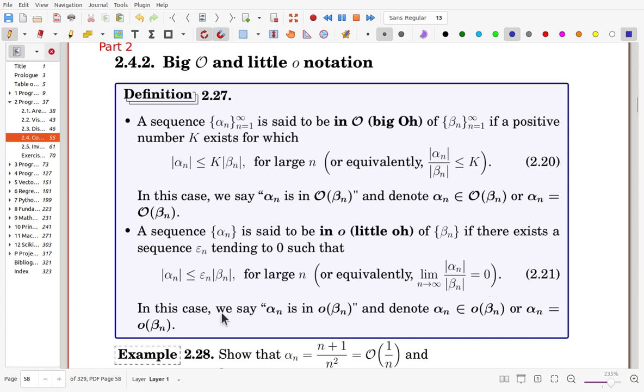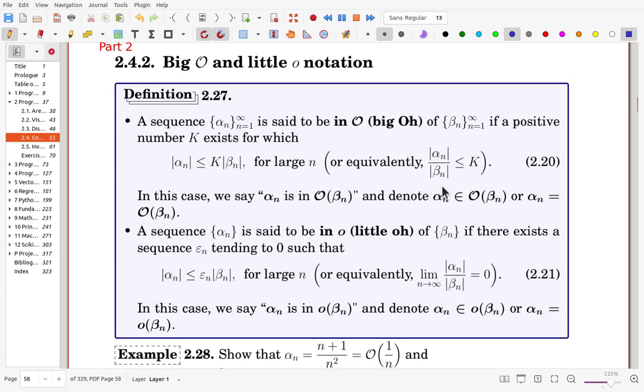So here, if beta n is increasing, then alpha n is slower. This is similar to the previous case, but there, as n becomes larger and larger, the ratio is bounded by some number, meaning the same order.